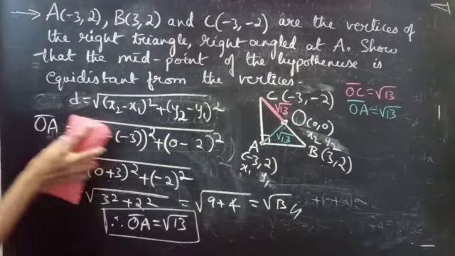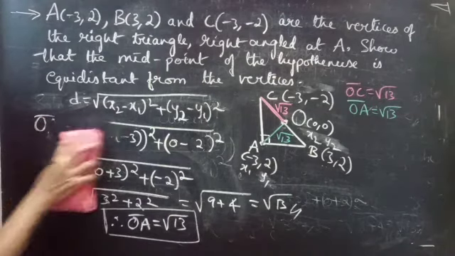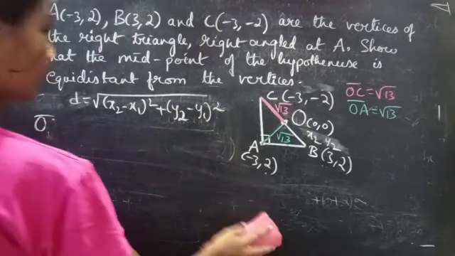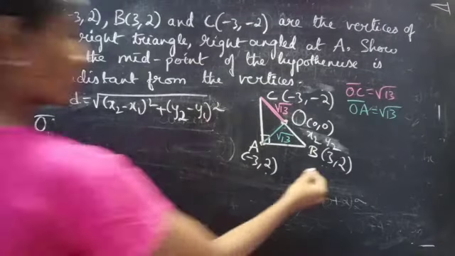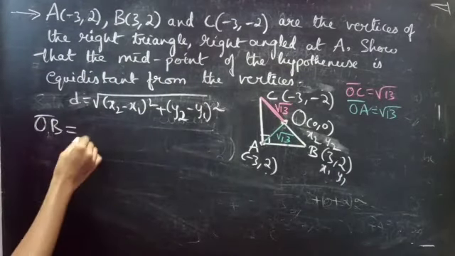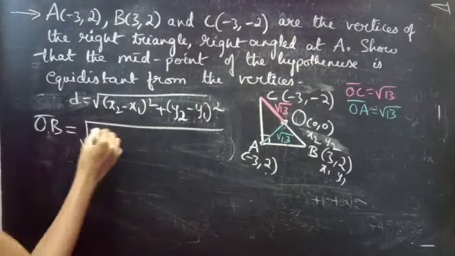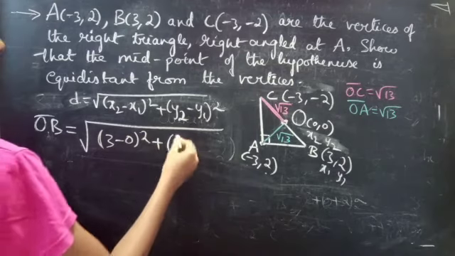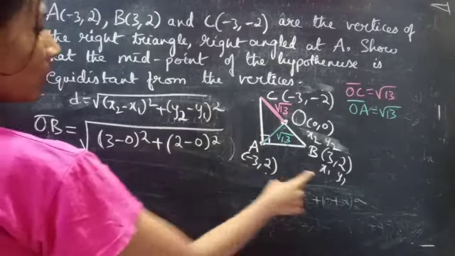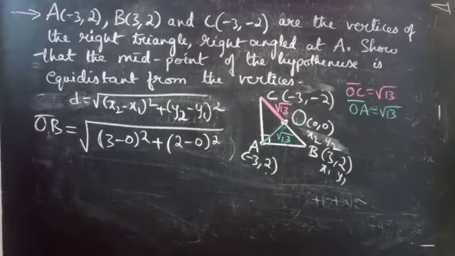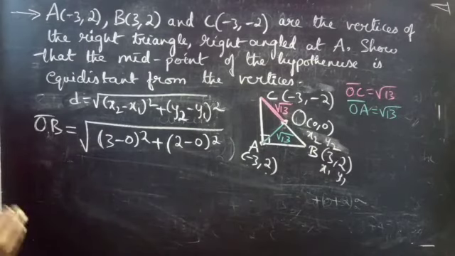Now we'll find the distance OB, or BO, anything. So (3 minus 0) whole square plus (2 minus 0) whole square. You can write x1 minus x2 whole square or x2 minus x1 whole square, nothing will change.